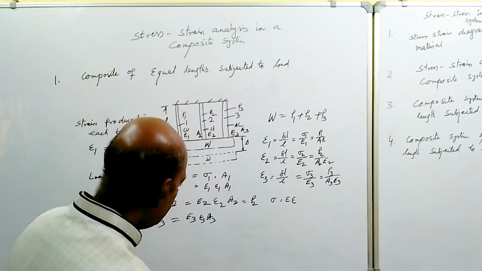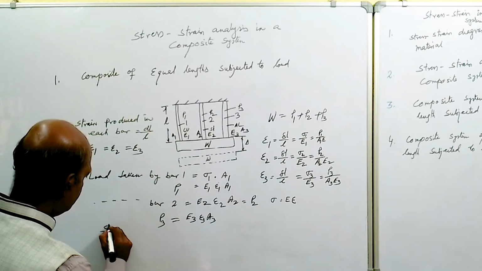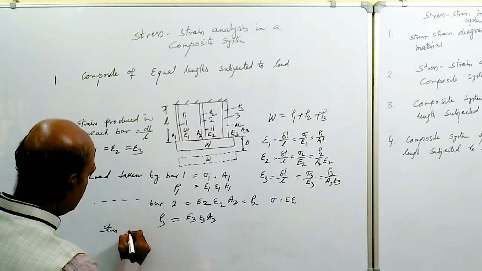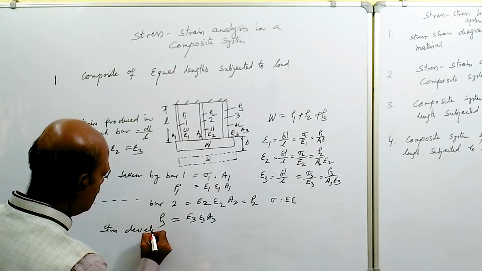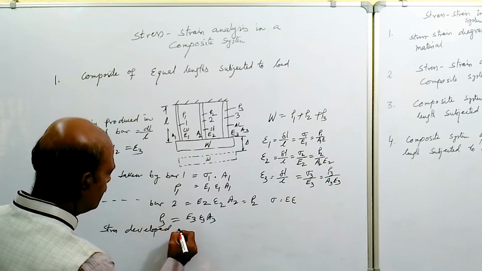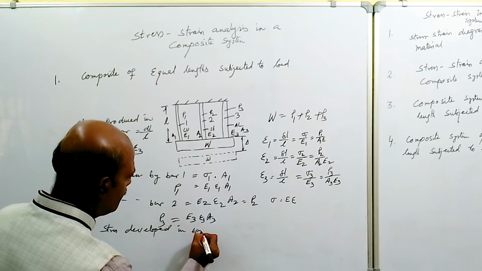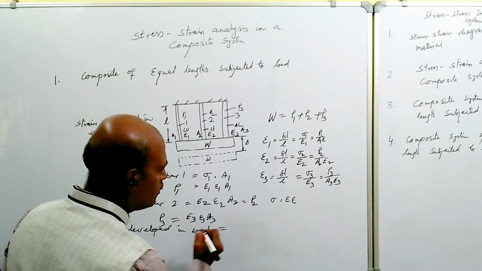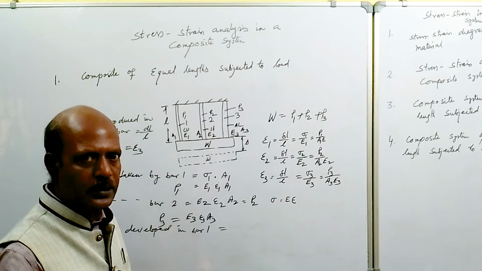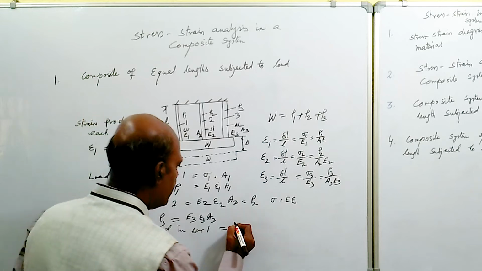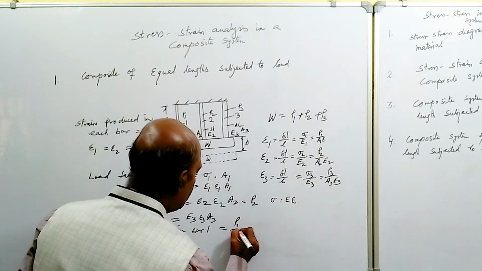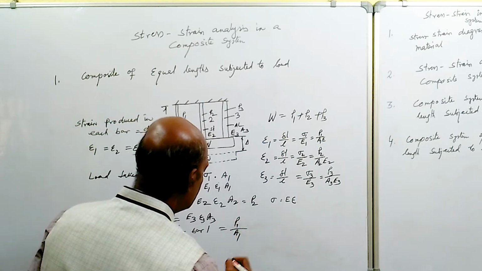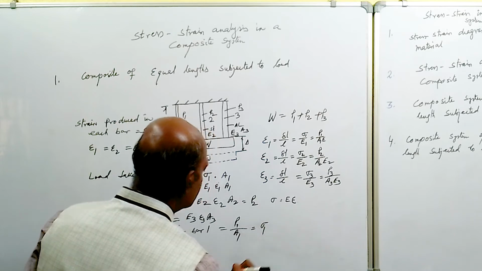So stress developed in bar 1 is equal to the load taken by bar 1, P1, divided by A1. So that is sigma 1.